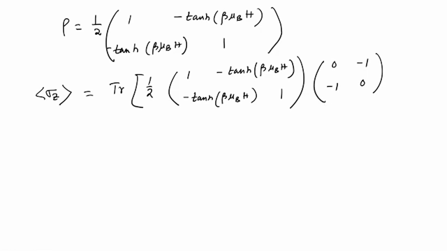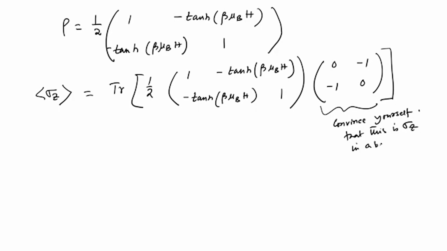It is not exactly sigma x, it is minus of sigma x in the representation in which sigma x is diagonal. We have not shown this, but you convince yourself that this is true, that this is sigma z in a basis where sigma x is diagonal, and if you calculate it, it still comes as tan hyperbolic beta mu b h.